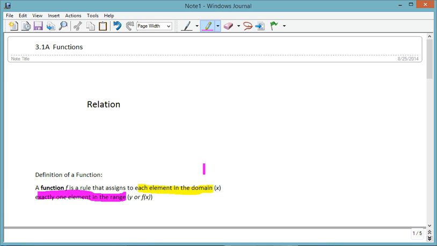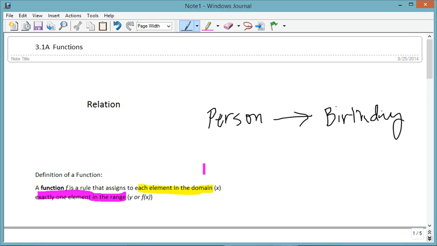All right, so let's look at an example. If we take a person and match it up with a birthday, okay, each person has only one birthday, right? That would be a function.